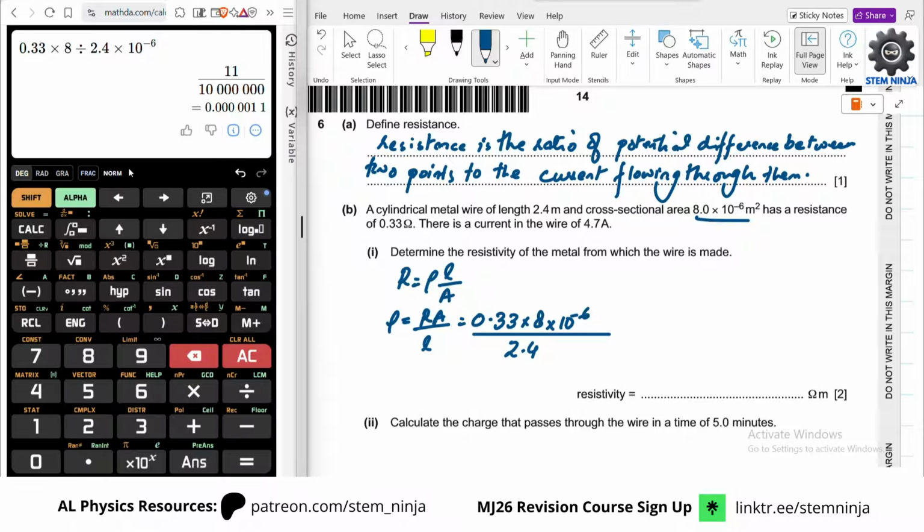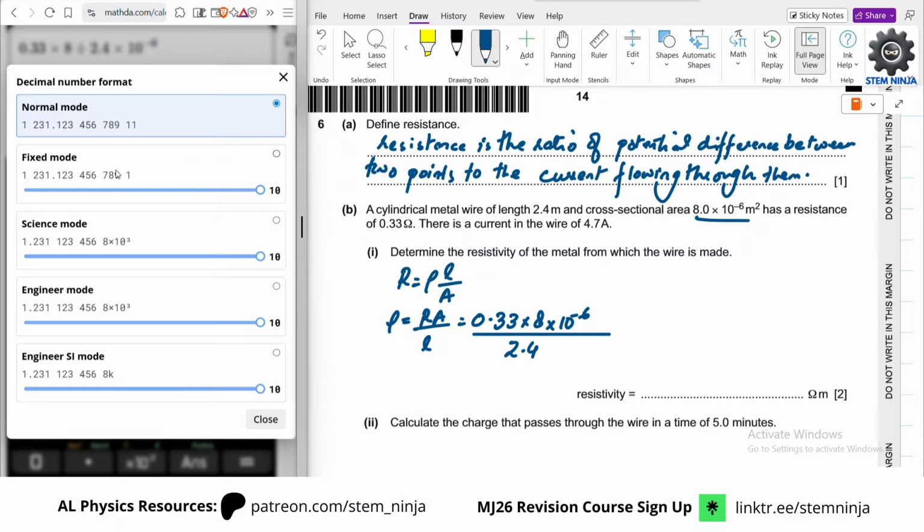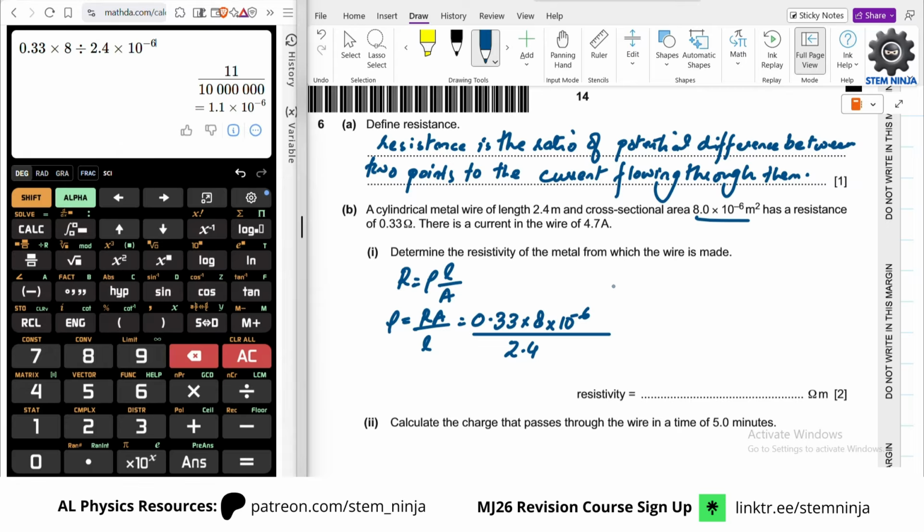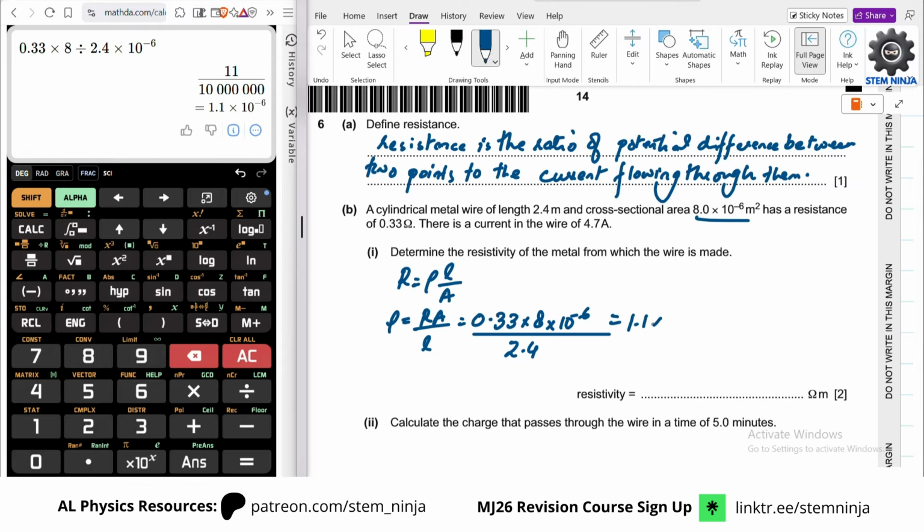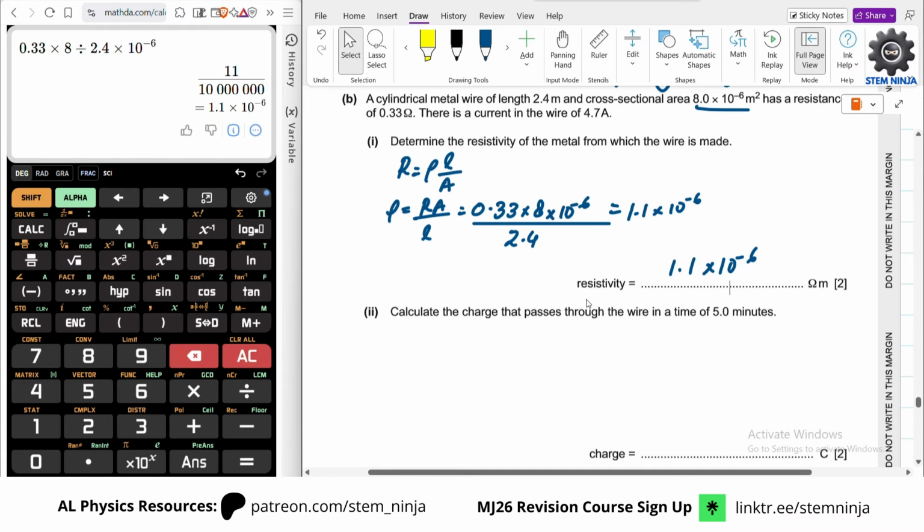So let's turn it into standard form: 1.1 times 10 raised to the power minus 6 ohm meter. Calculate the charge that passes through the wire in a time of 5 minutes.